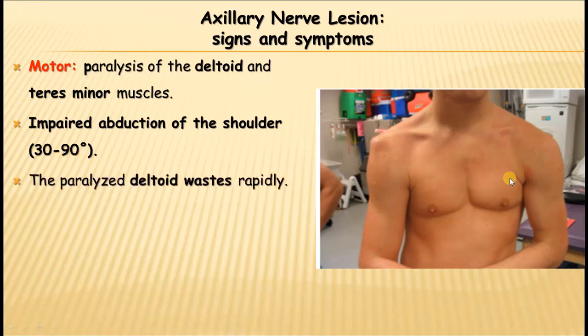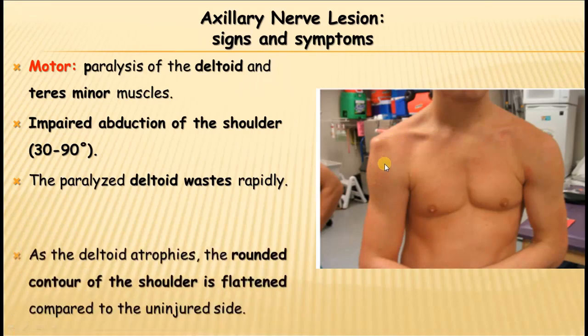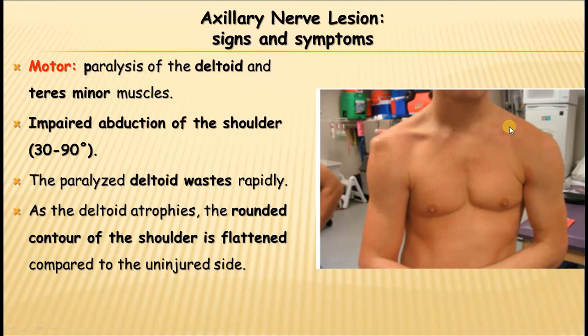Then wasting of muscle. Here you are able to see how the muscle is in a very healthy condition, but here muscle wasting takes place because it is denervated and not being used. Wasting occurs very rapidly and the muscle atrophies. So the rounded contour of the shoulder is lost, and you can see the projection of the greater tubercle of the humerus. Okay. So paralysis of the deltoid muscle results in impaired abduction and wasting of the muscle, which leads to muscle atrophy.